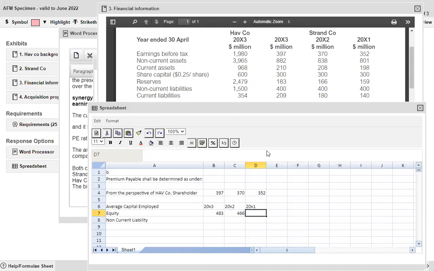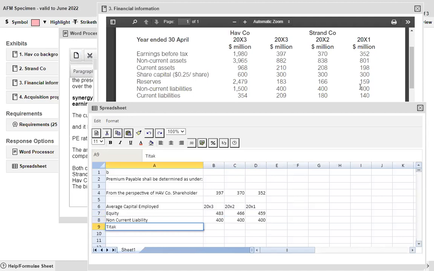Then there is 300 plus 159. So you've got the equity for each one of them. Now, what is the non-current liability? 400, 400, 400.